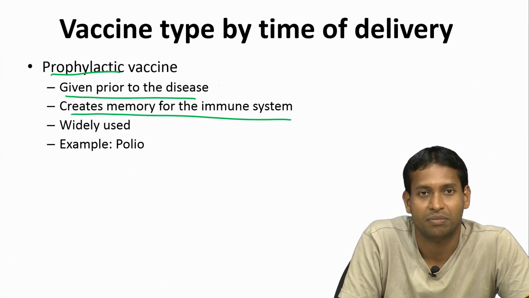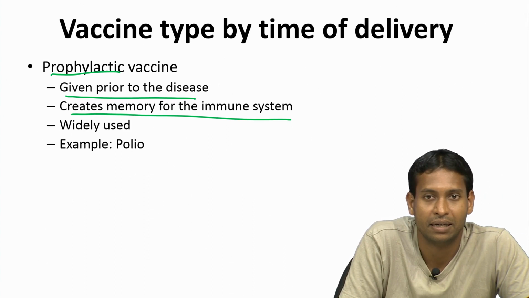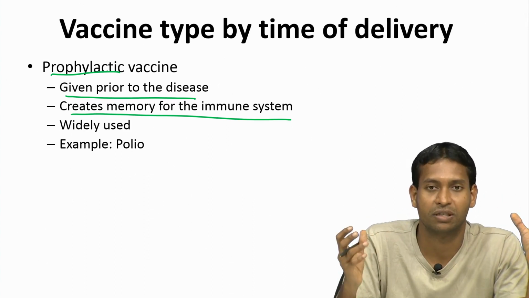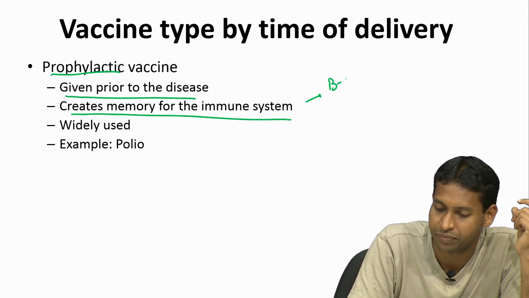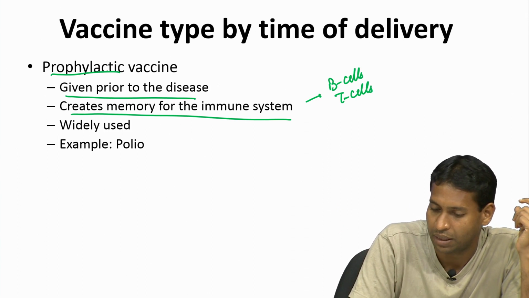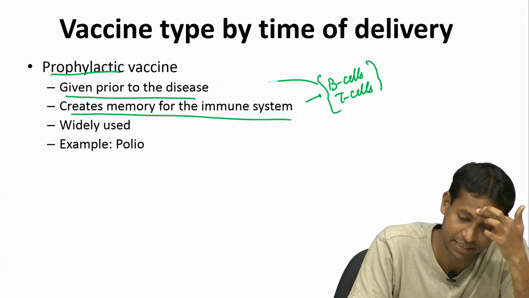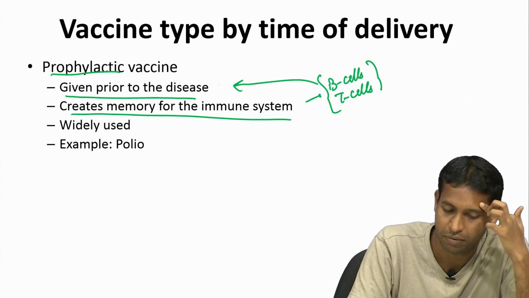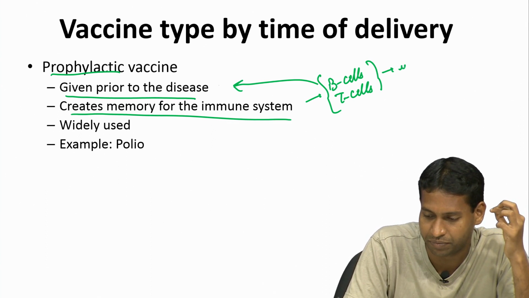The immune system then knows how to handle it, and it generates lots and lots of clones of B cells and T cells that are specific for polio, or specific for that particular disease, and so this is going to amplify in number.